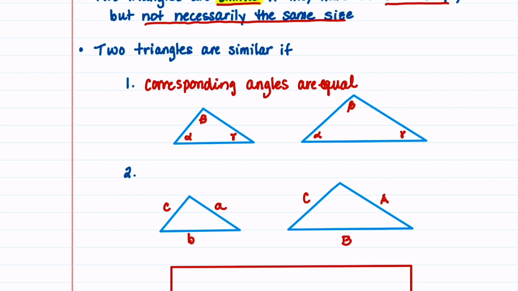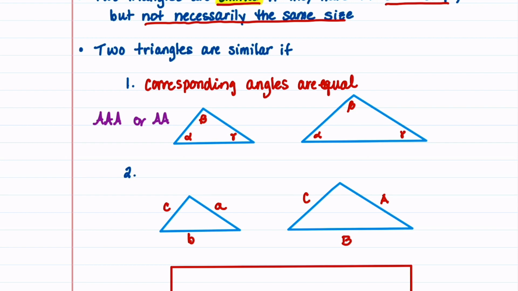And you can see in our picture, the corresponding angles are equal because they have the same variables. We typically label this type of similarity as AAA or AA. That means all 3 angles are the same, or if we have 2 angles that are the same, that implies that all 3 angles are the same, because all 3 angles have to add up to 180 degrees.